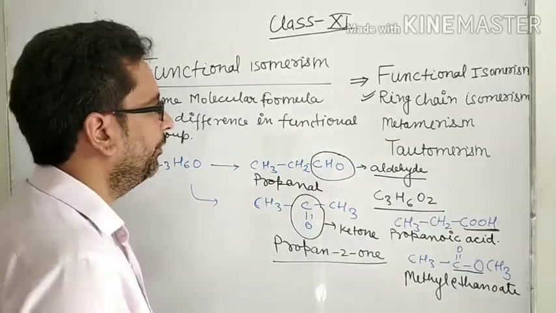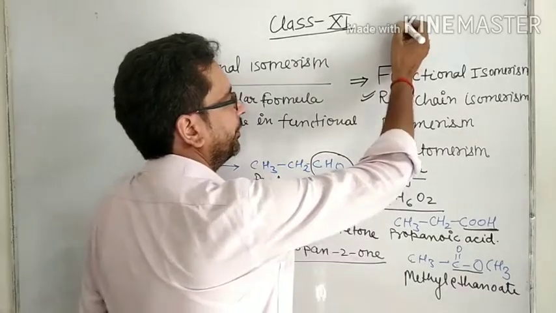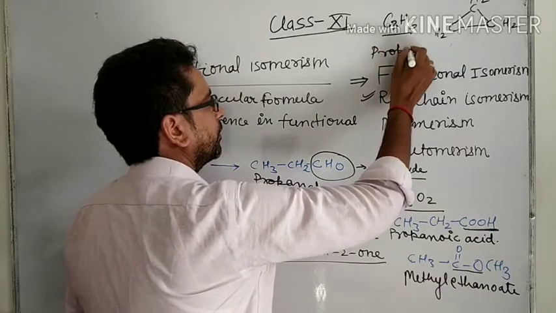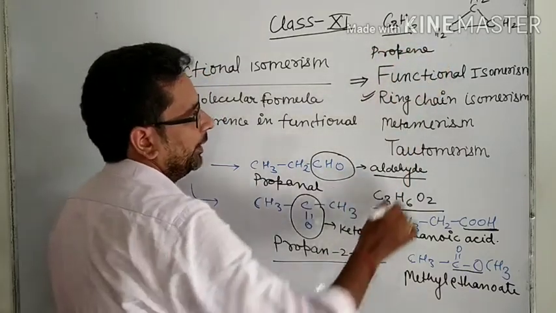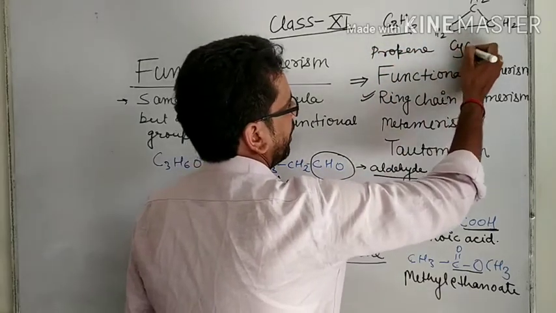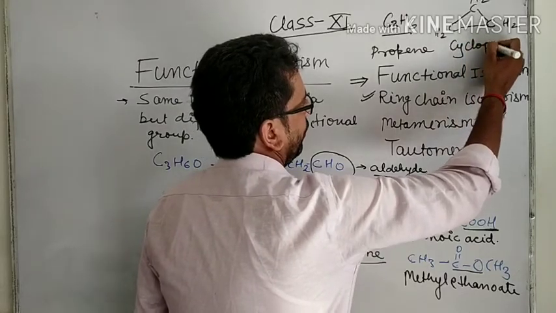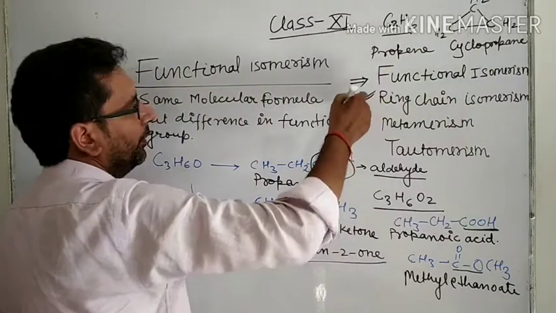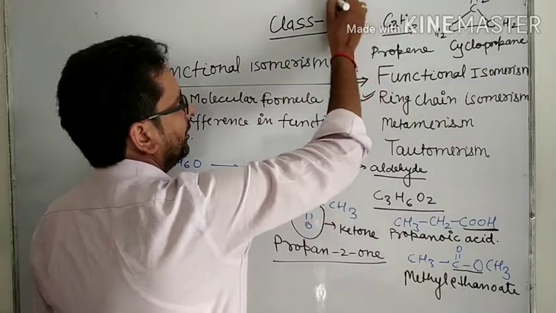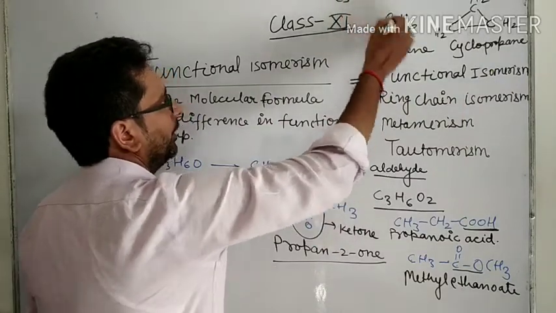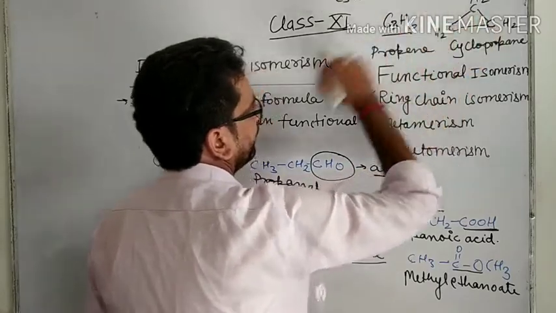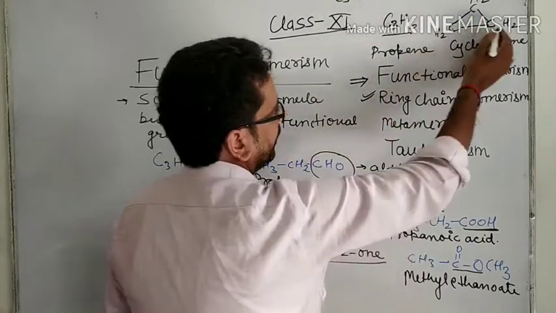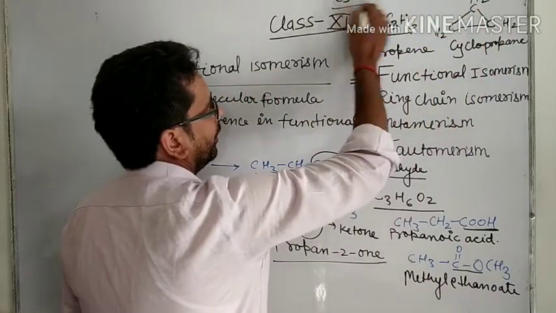So look here, example of ring chain isomerism. This one is propene and this is cyclopropene. Now calculate the total number of carbon. Here C3H6, 1, 2, 3 carbon, and hydrogen 2 plus 2 plus 2 is 6.